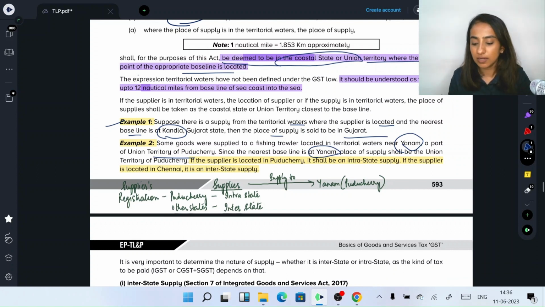We understood that if, let's say this is Puducherry and the nearest baseline is Yanam here. Okay, so what are they saying? Whatever is the nearest coastline, that will be the place of supply. Understood, right?